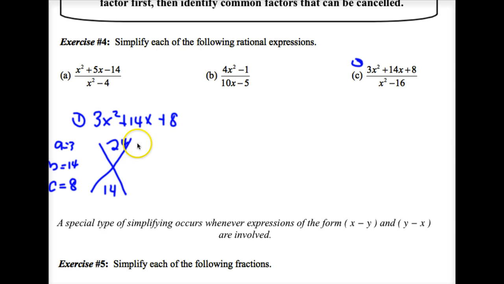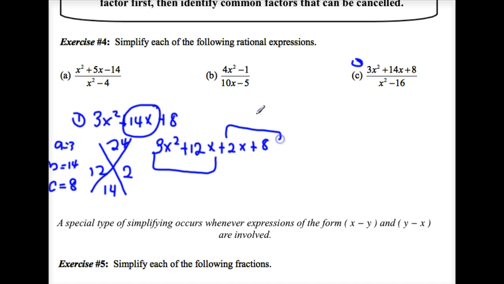So two numbers are multiplied to give you 24 and add to give you 14. Those numbers are 12 and 2. Now A is bigger than 1, so this is where we have to do that special thing in replacing my B term. So this now becomes 3x squared plus 12x plus 2x plus 8. I take the first two terms and the last two terms.